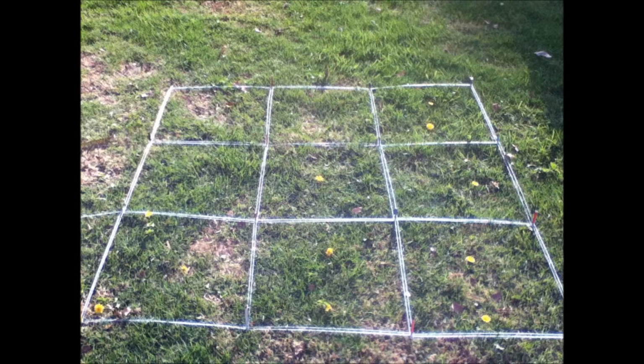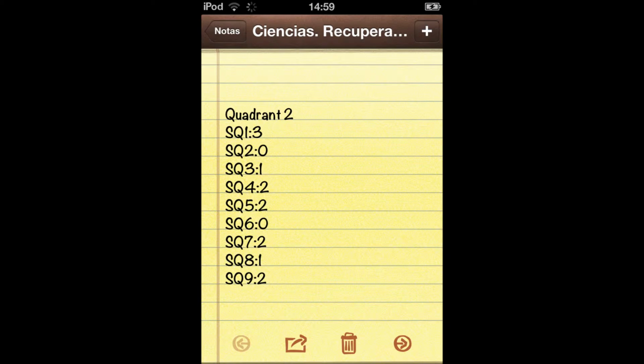After the operations, we got a mean of 1.4 and a variance of 0.4. It means the dispersion was also uniform because, as I explained before, there are not too many flowers, but there are flowers. You can see them from far away.